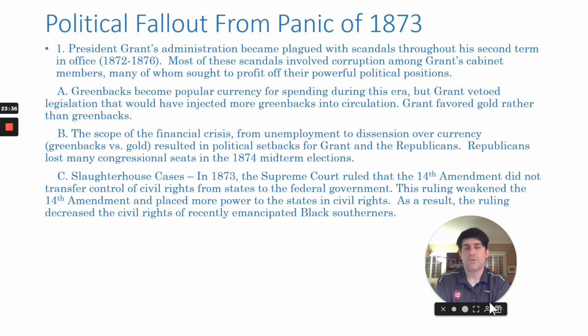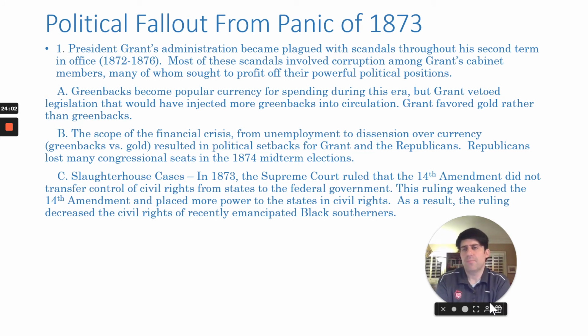Grant was criticized for being perhaps too loyal to people that had helped him earlier in his life and career. He rewarded them with positions of influence and power in his presidential administration, and some of them were unscrupulous and unethical, and that came back to bite Grant at this time. Really hurts him politically, hurts his public image nationally.